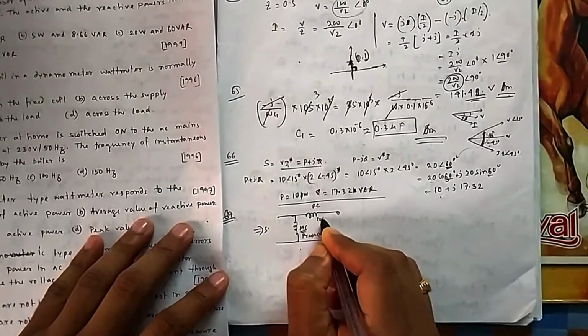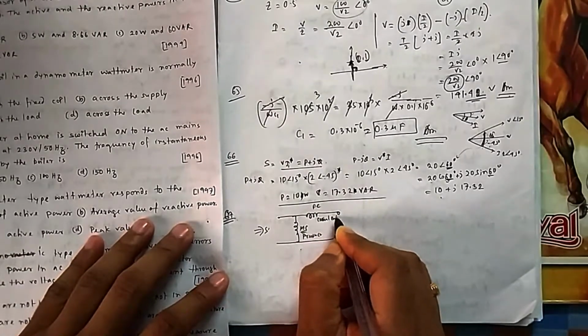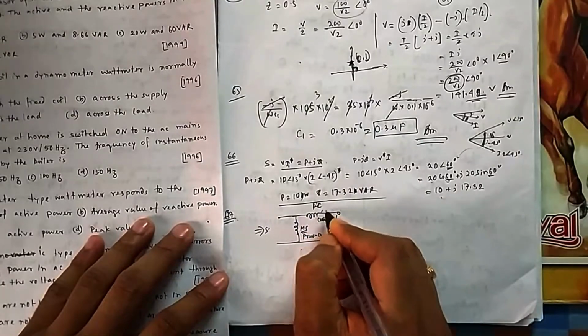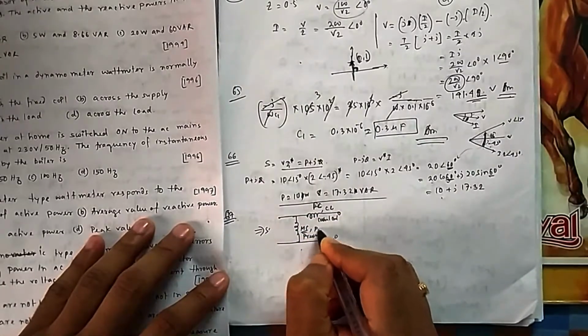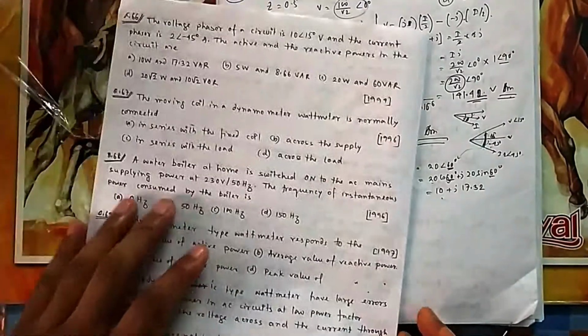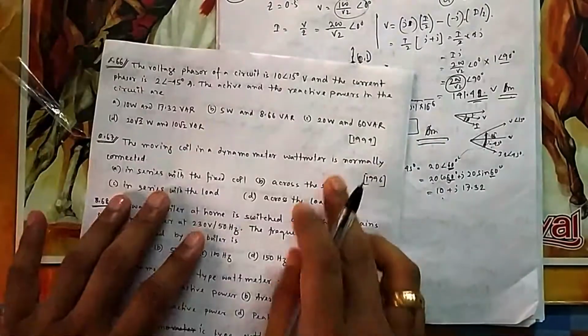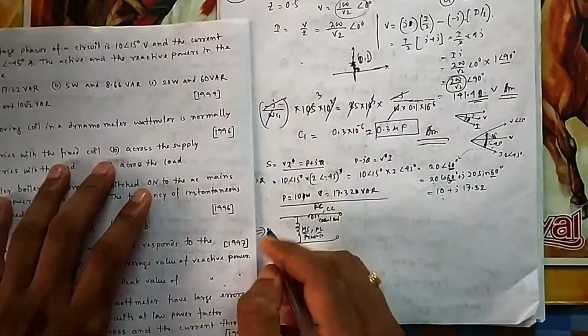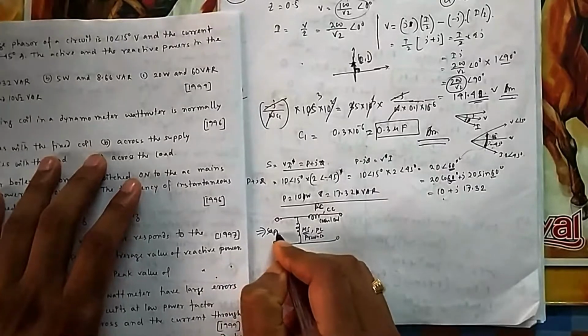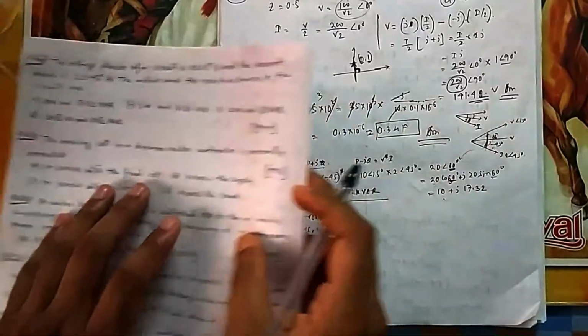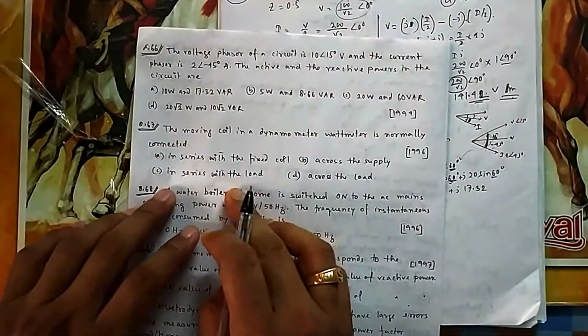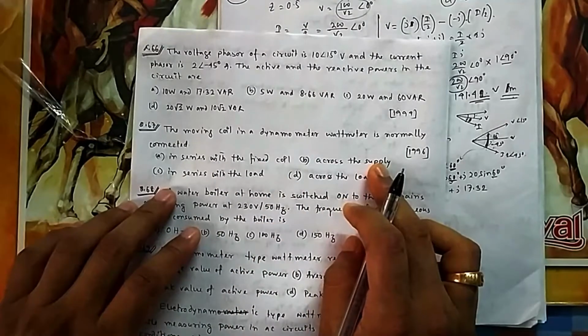And this is the current coil, CC. So the fixed coil is nothing but your CC also. The moving coil is nothing but your PC also, the pressure coil. So it is the moving coil that is connected across the supply. The dynamometer is normally connected across the supply. That is your option B.